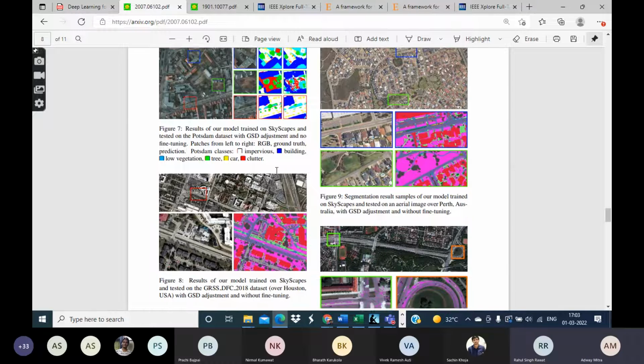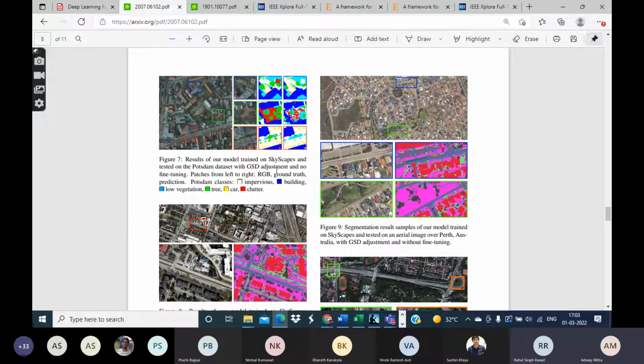And then they have done some experiments, these domain adaptation experiments. As they mentioned, they have collected their imagery over a particular region in Germany, and they have trained their model along with it. Now that same model they are going to run in other cities of the world, and they will see if it can adapt to these new domains.